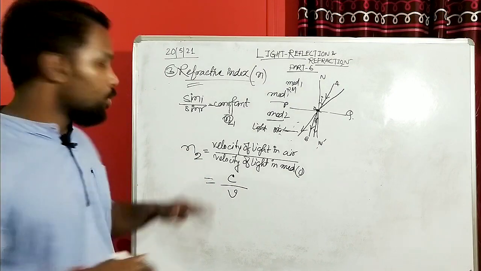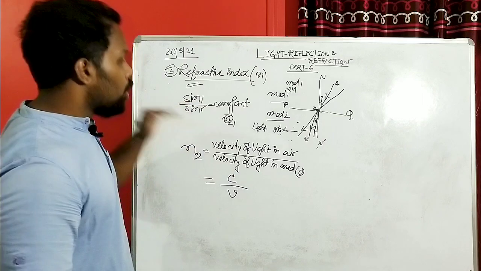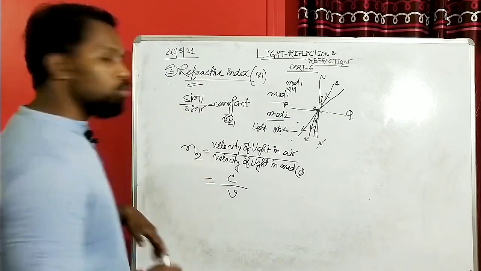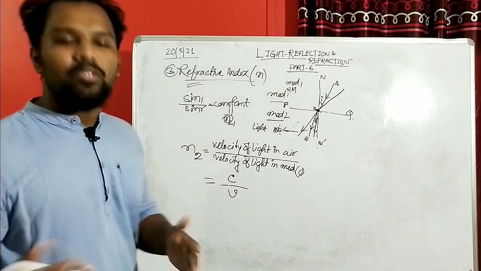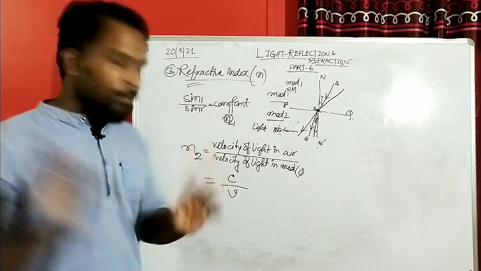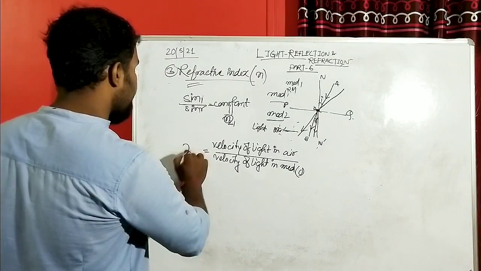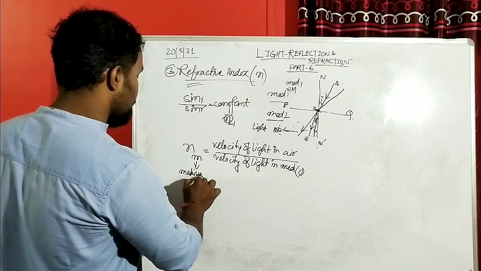If we need the refractive index of medium 2 depending on medium 1, which is air, then we represent it by n2. If there is one more medium, n3, n5 and so on, we can simply write nm, where m represents the medium whose refractive index we need.